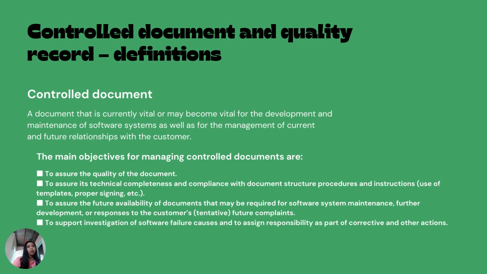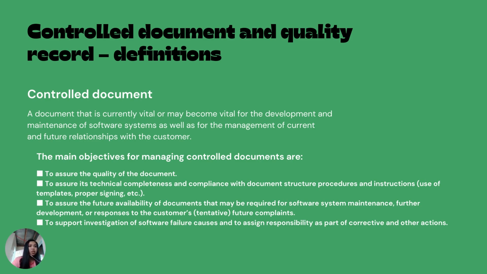A control document is a document that is currently vital or may become vital for the development and maintenance of software systems as well as for the management of current and future relationships with the customer. Hence its preparation, storage, retrieval and disposal are controlled by documentation procedures.